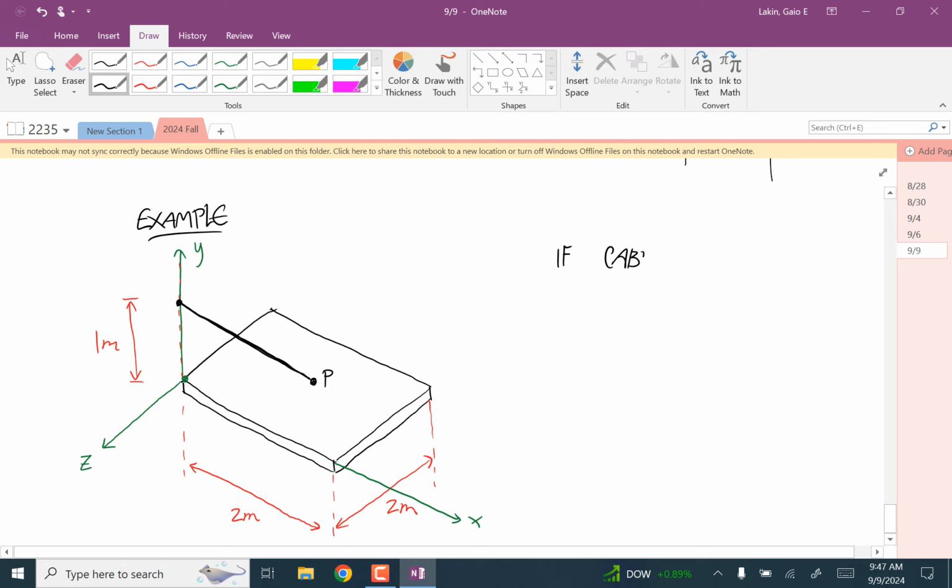If the cable tension is T, what's the moment the cable force produces about A?